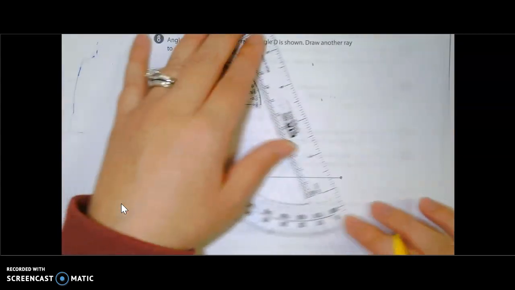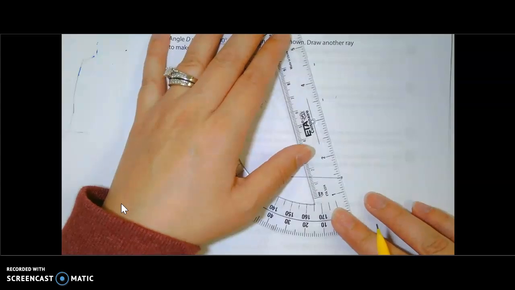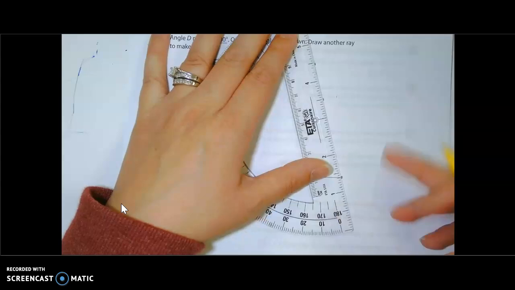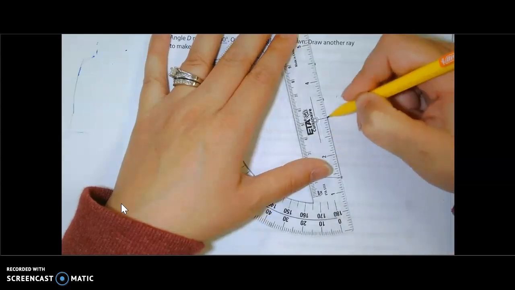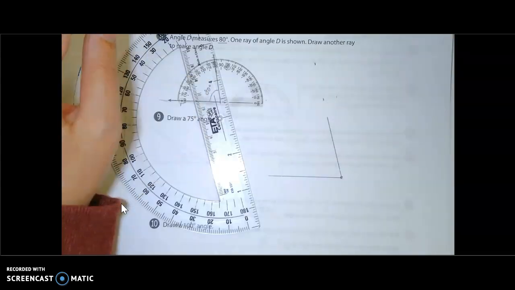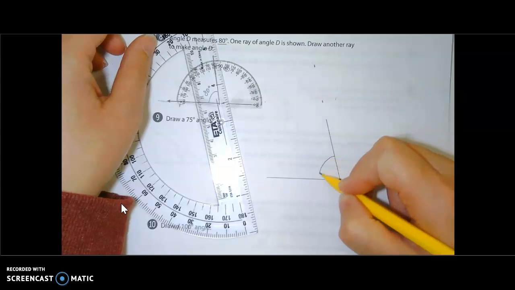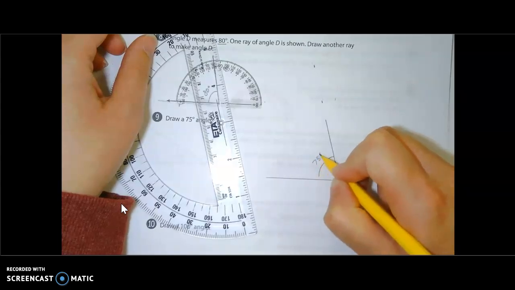From here, I'm going to line up. You don't have to mark on either side. I kind of like to because then it gives me several hashes to line up. But there it is. And then remember, you can draw it however long you want it, as long as those are all lined up. Then this is a 75-degree angle.